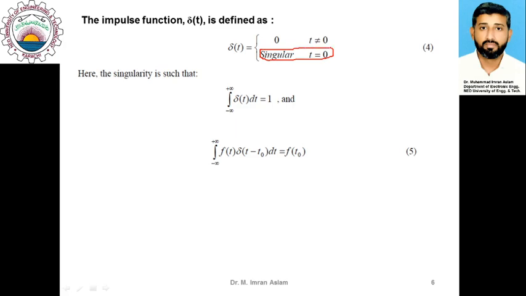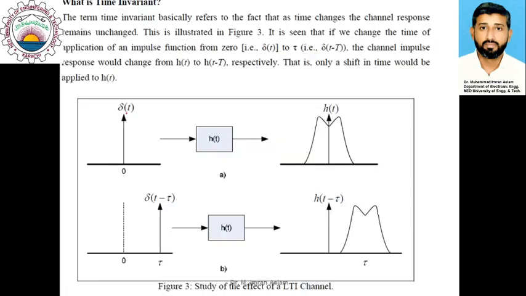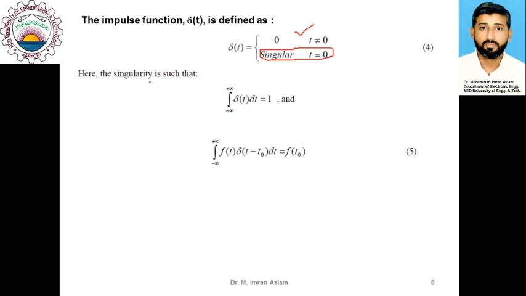So delta t is non-zero for only one point, t equal to 0, and for all other points it is equal to 0. The important defining property of this impulse function is that whenever we calculate the area under the curve, it gives you a magnitude of 1. So it has unit area under the curve.